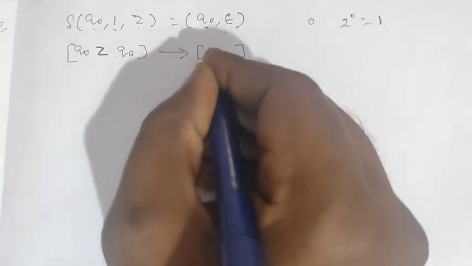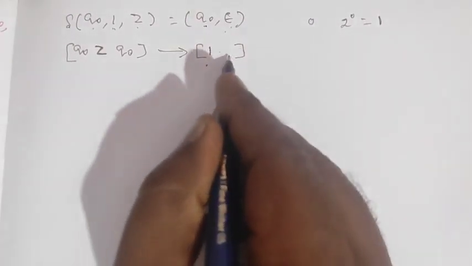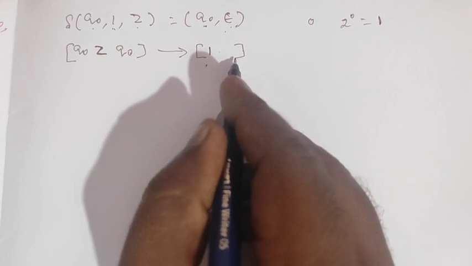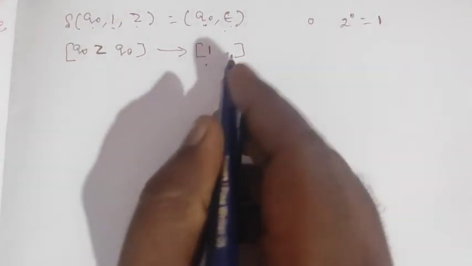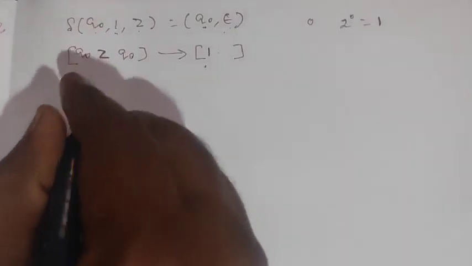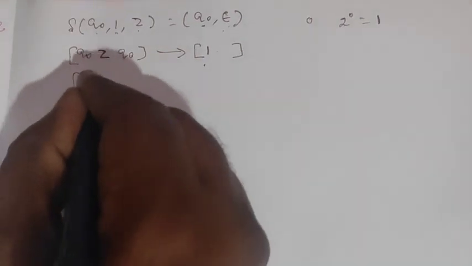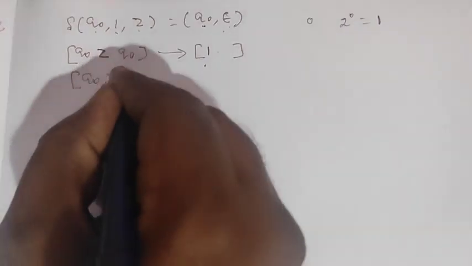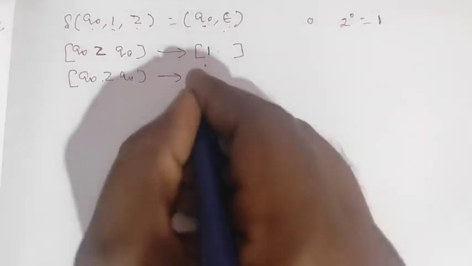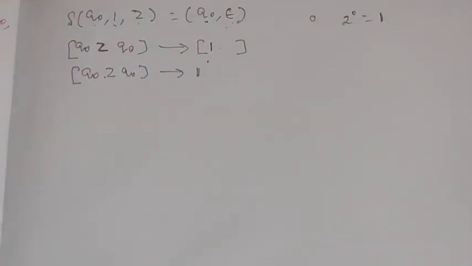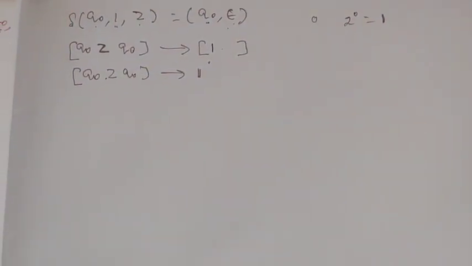There is no need to fill the remaining column. When an epsilon transition is there, you can rewrite the production as q0 Z q0, which produces 1. So this is the production.